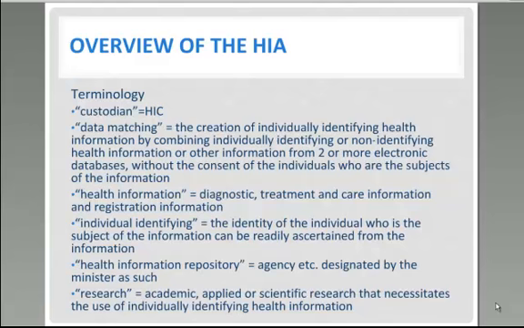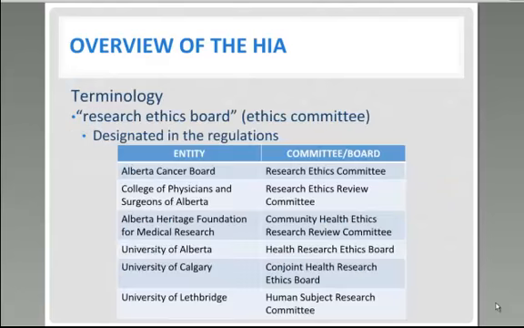It indicates one of the many differences between the Alberta Health Information Act for research purposes, as well as that in Ontario. And one of the things that's important to note in Alberta is that the Act itself sets out designated research ethics boards, or as they're called sometimes in the Act, ethics committees.